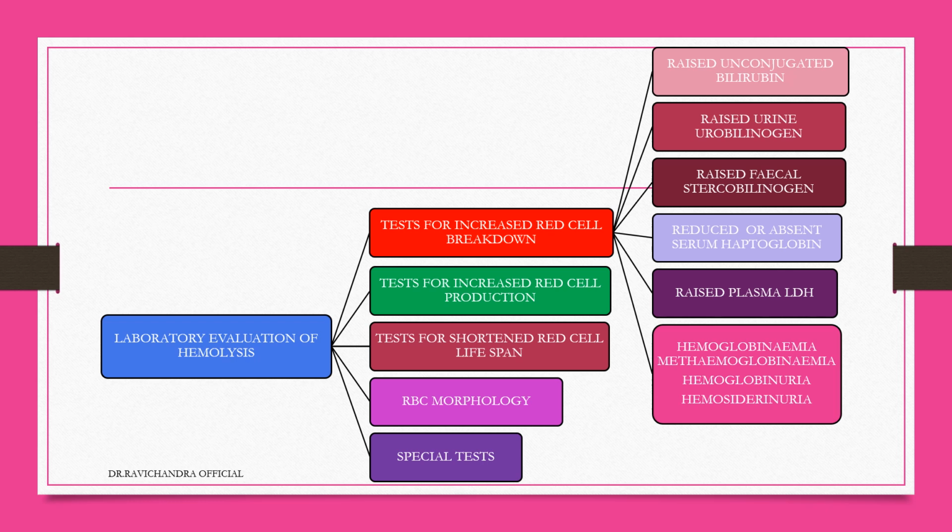There will be raised plasma LDH, and there will be hemoglobinemia, hemoglobinuria, hemosideruria, methemoglobinemia, methemoglobinuria. Okay, remember only serum haptoglobin is reduced, all the others are raised in increased red cell breakdown.